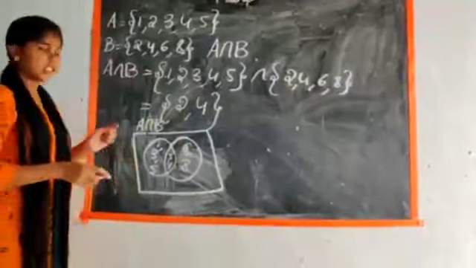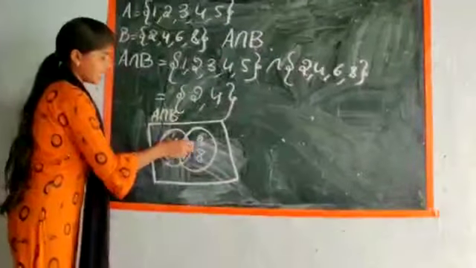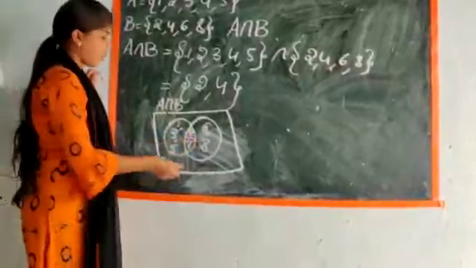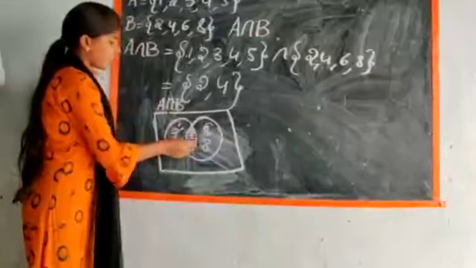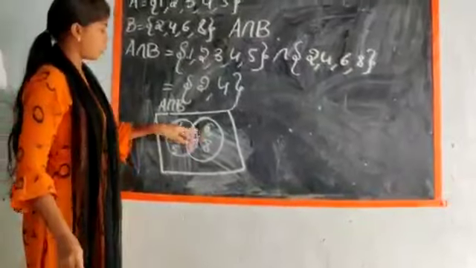Now we have to shade only the common part, because A intersection B means only the common elements of the two sets.